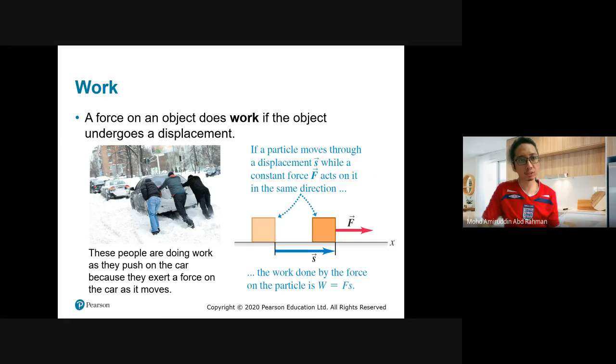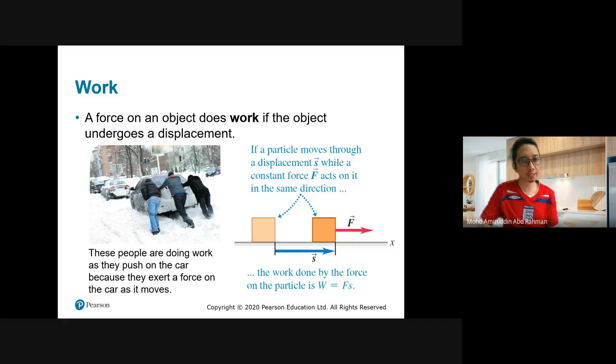So what is work? A force on an object does work if the object undergoes a displacement. If you look at the picture, these people are doing work to displace the car, so the car moves.